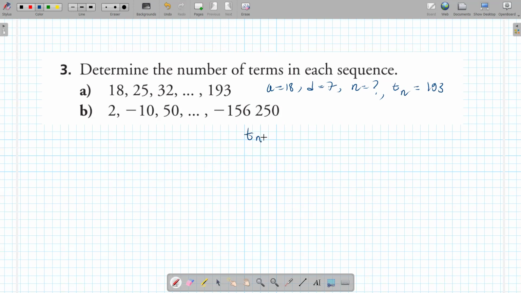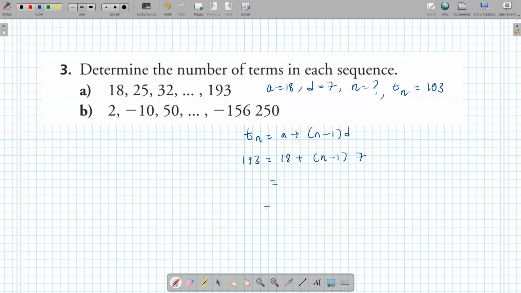So Tn is A plus n minus 1 D. Tn represents the last term. It's 193. That is equal to A plus n minus 1 times 7. How do we solve this expression for n? It's just a linear equation.